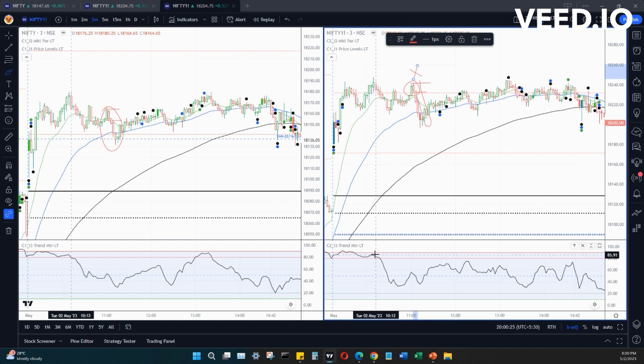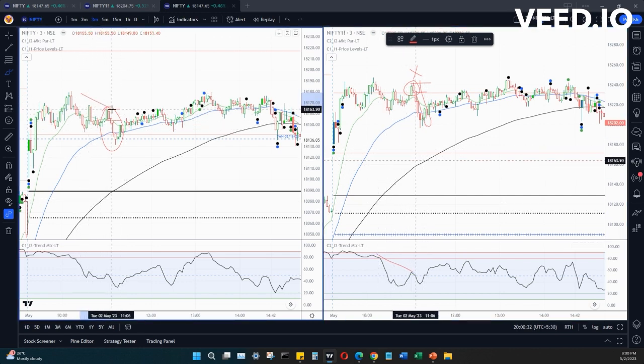Having said that, look at the trend meter. The trend meter indicates that the trend is moving lower. On both these charts, it's around the halfway mark, and the price may now move down to the moving average, because you don't see enough participation pushing the prices higher. Hence, looking at the trend and the price open analysis, this is a low probability setup, and it's a very good trade that you could have taken.